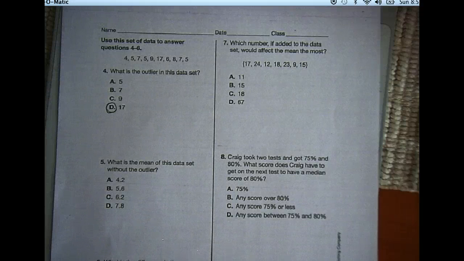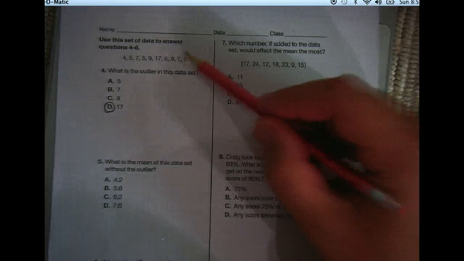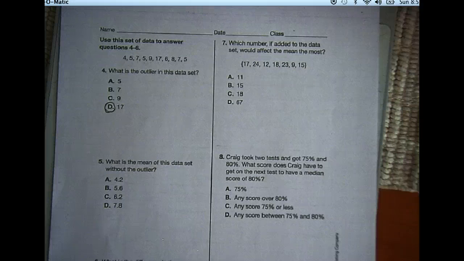Okay? And then number 5 says, what's the mean of the data set without the outlier? So I'm going to add all the other numbers besides that outlier and find out what that is. There's 1, 2, 3, 4, 5, 6, 7, 8, 9. So I just have to add all those numbers. 4 plus 5 plus 7 plus 5 plus 9 plus 6 plus 8 plus 7 plus 5, and that's equal to 56.